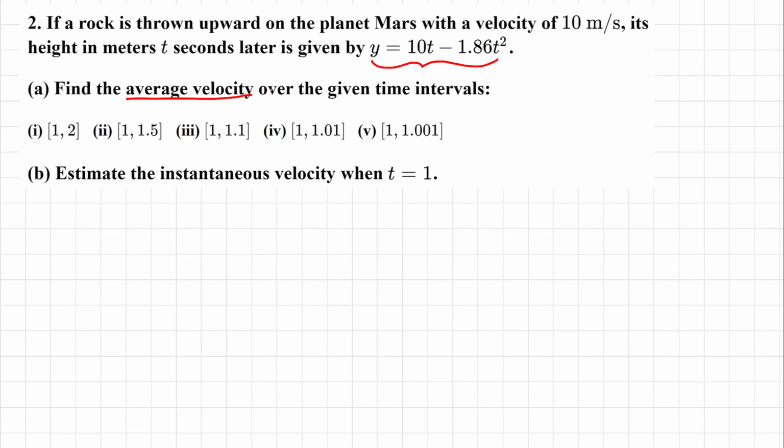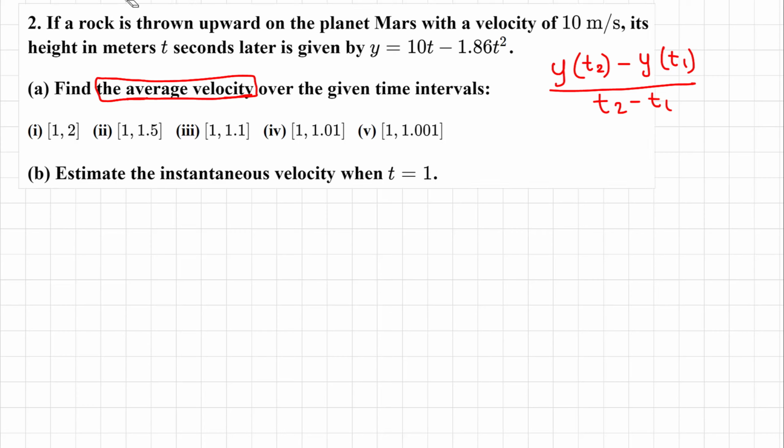So the formula in each case will be height y at the second time, so 2, 1.5, 1.1, etc., minus y at the first time. In fact, here we got 1, 1, 1, 1. So t1, which is 1, divided by t2 minus t1. Okay, so that's the average velocity.